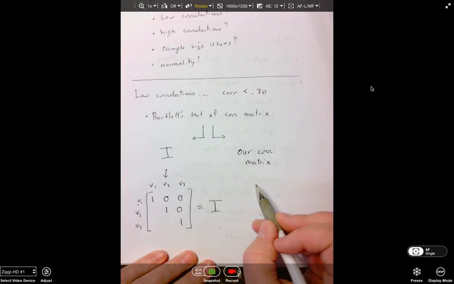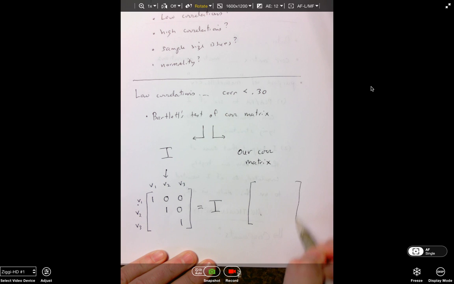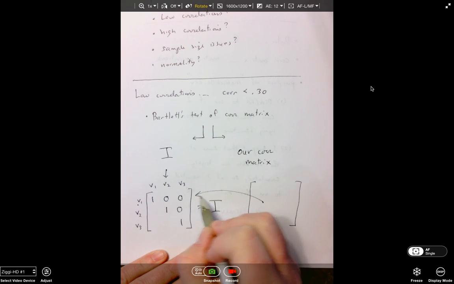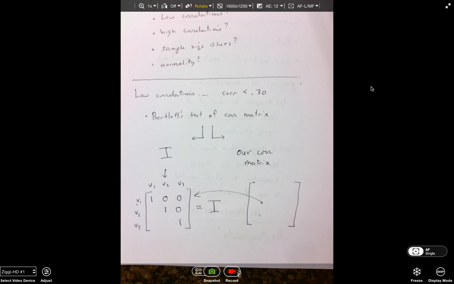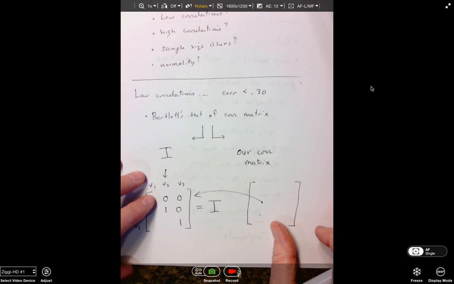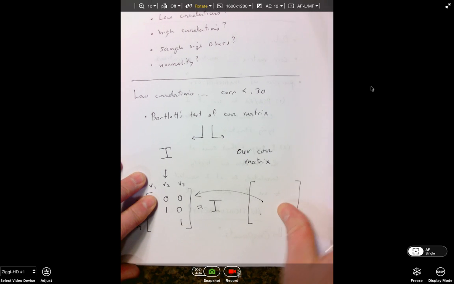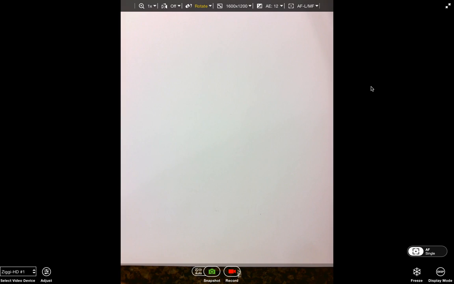Well, what we can do is compare our matrix to this to see if the difference is statistically significant. Because we want our correlation matrix to differ statistically from the identity matrix. And it's really kind of cool because that's exactly what Bartlett's test does for us. Okay?